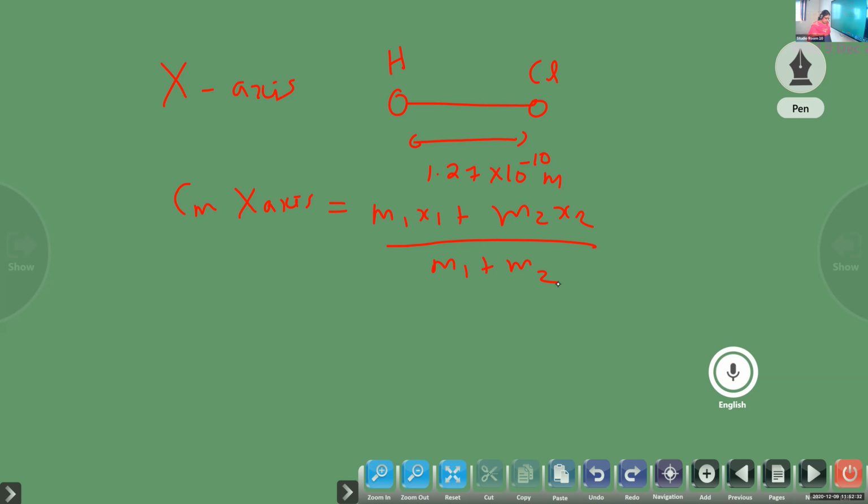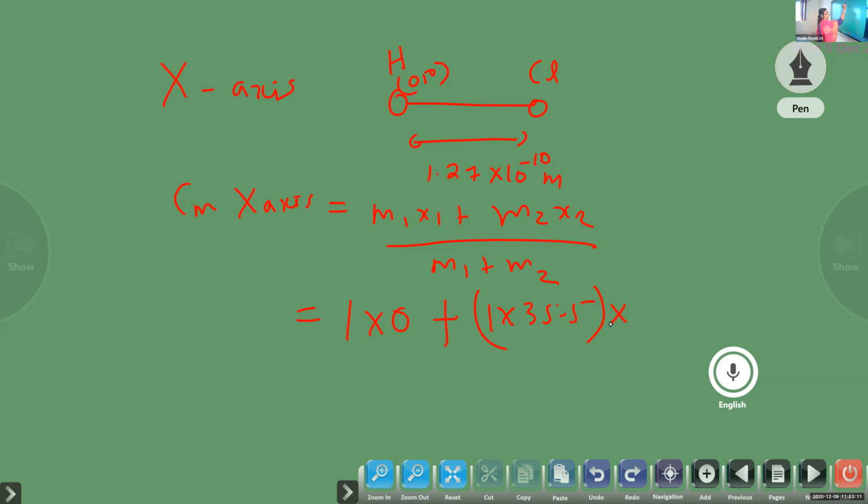Now what is the mass of the hydrogen atom? It is 1 because atomic number 1, therefore atomic mass is also 1. So you can write it as 1, and it is at the origin. Origin means hydrogen is 0 value. So x1 is equal to 0 plus m2, mass of chlorine, you know that 1 into 35.5, I am just writing this for understanding, you can skip this, you can directly write 35.5 into x2.